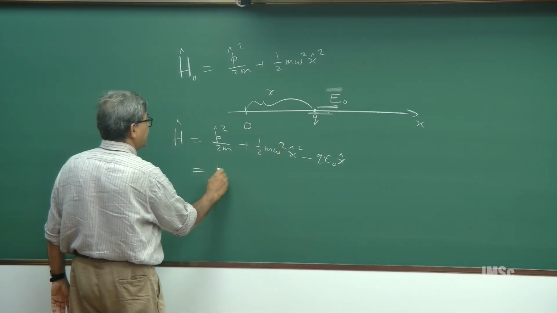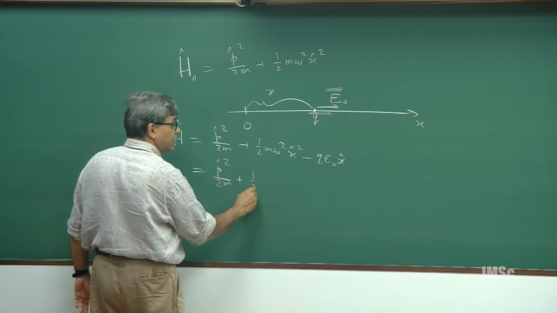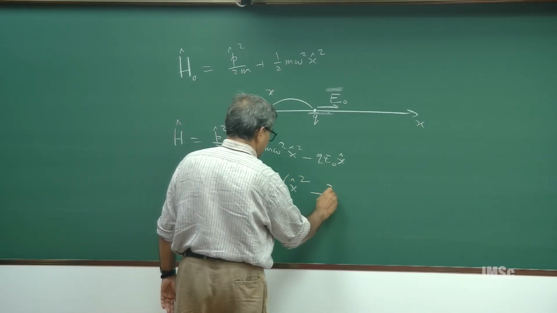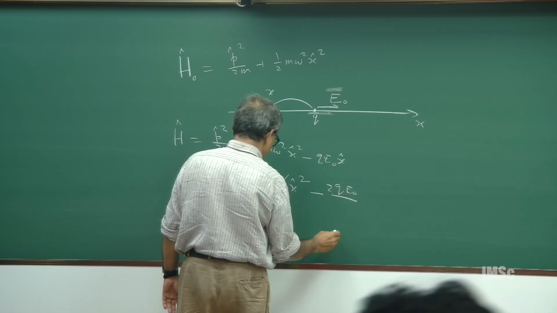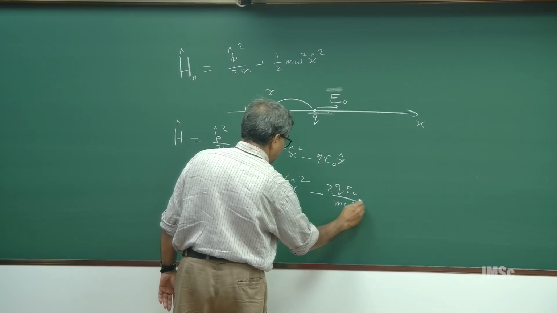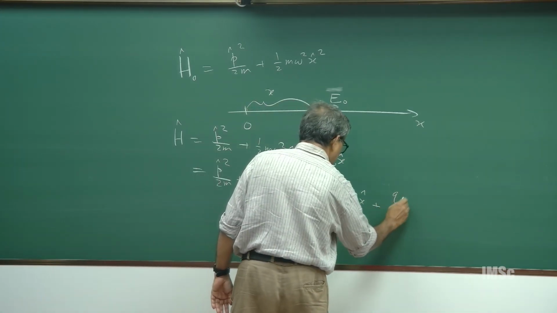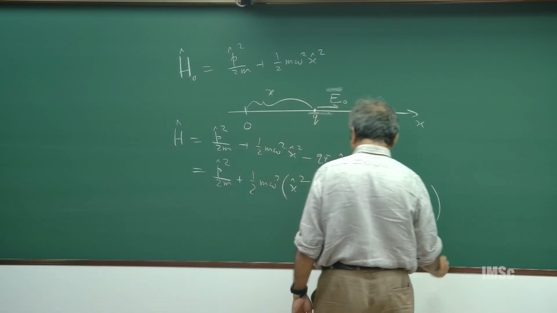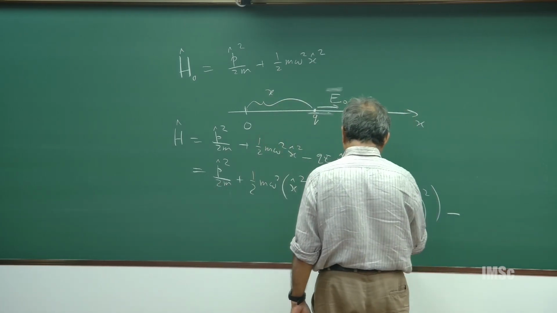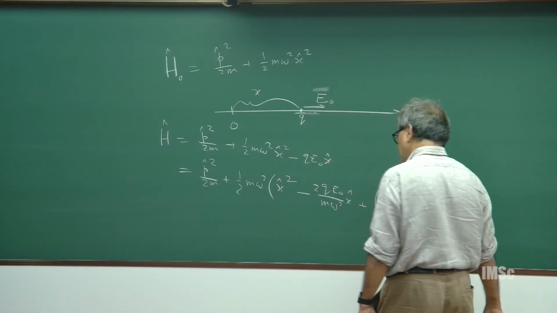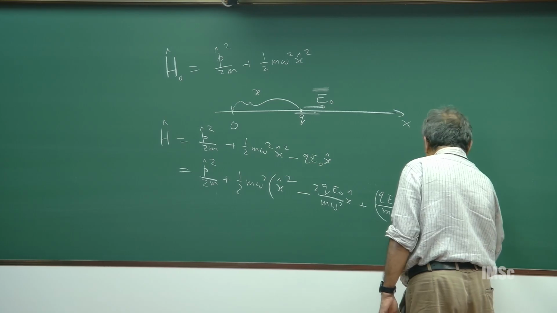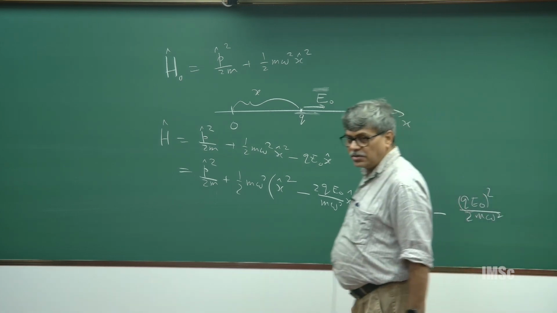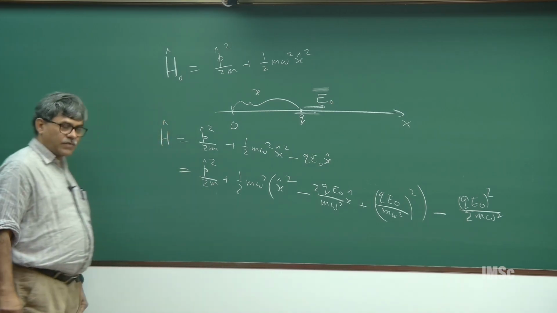And as a result, you know that this is nothing but omega square x square and minus twice q E naught by m omega square x plus q E naught by m omega square to make it perfect square, and then minus, what will be that, q E naught square divided by twice m omega square, right. I mean to make it a perfect square.